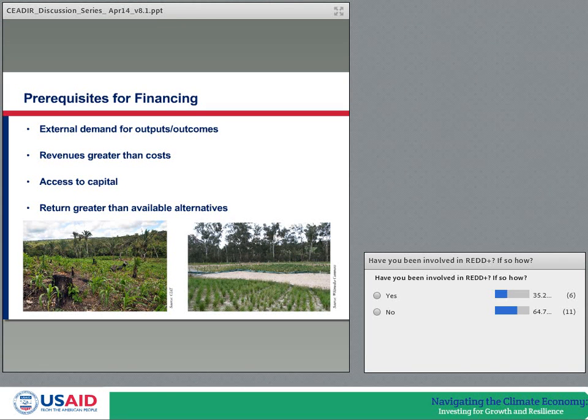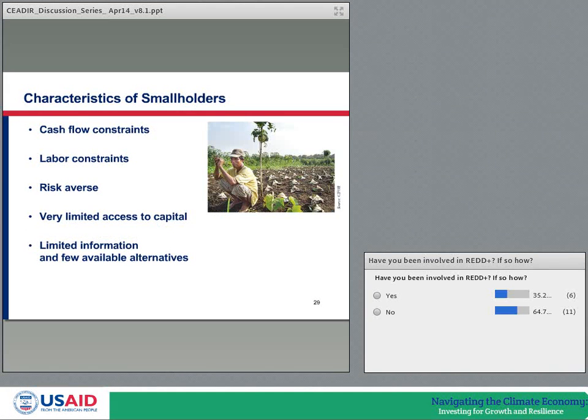Now let's go into the substance, and I'll get back to these alternatives in a minute. Now, because we have a focus on development and poverty alleviation, we're looking at smallholders. And these folks are really hard to work with because there's a lot of them.